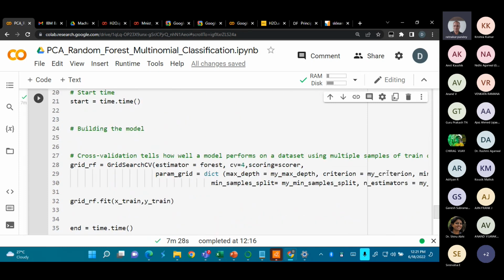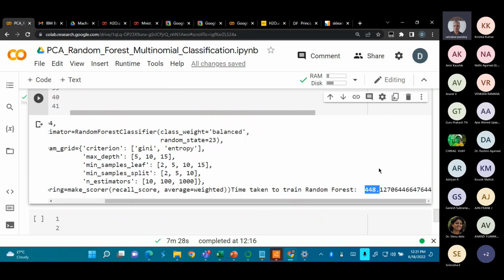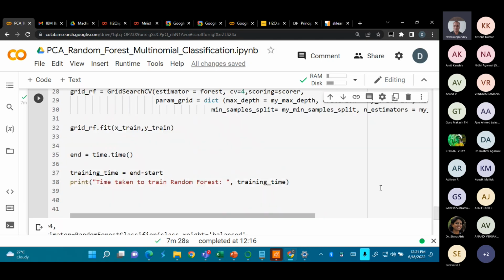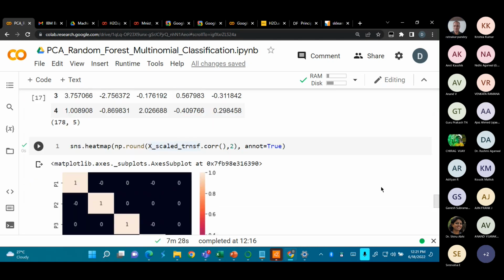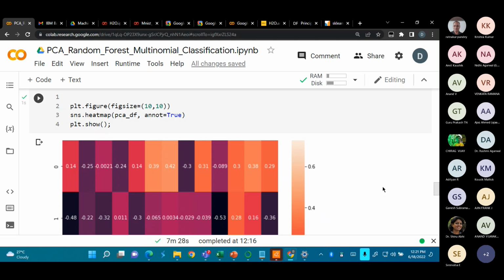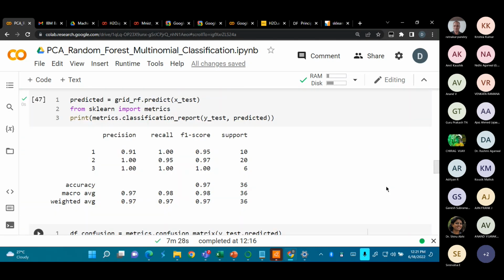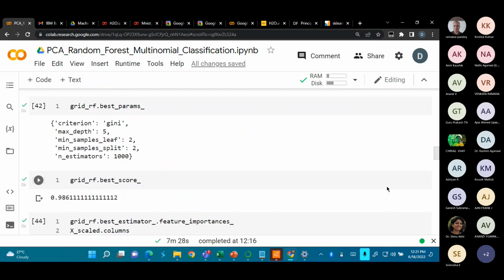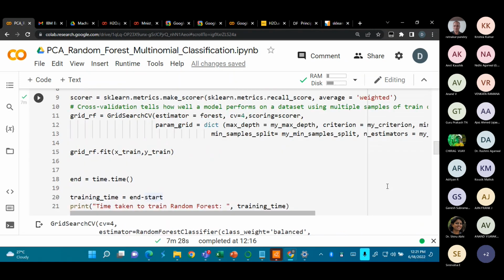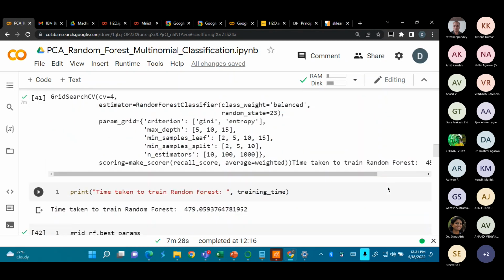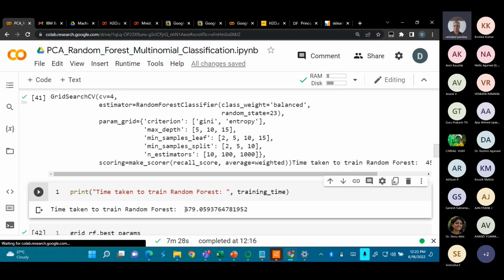So it took 448, and of course, as a function of your system, whether it's slowed down by other activities. So 448 for the PCA one, and 479 for the normal one.